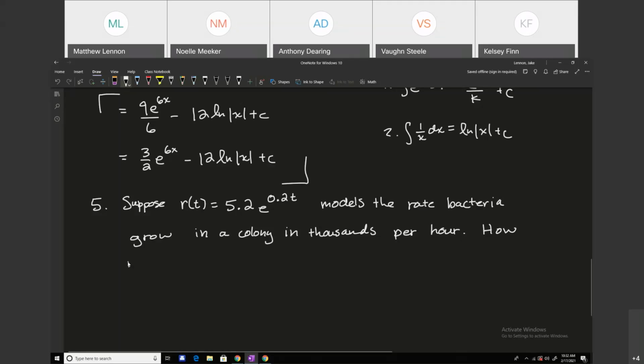How much did the bacteria increase in the first 4 hours of the experiment?